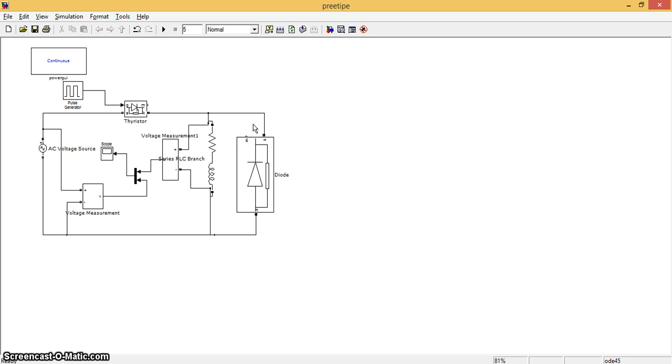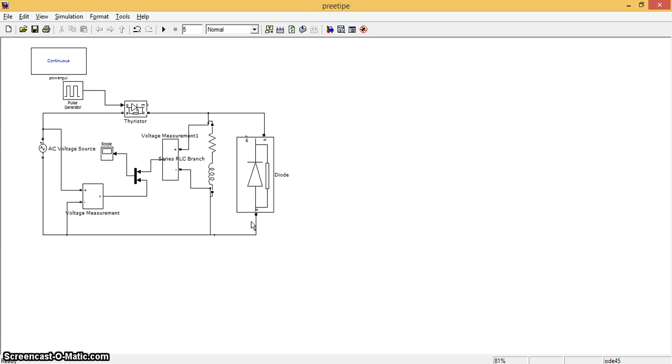Here in this video you can see the topology of this kind of rectifier. We have negative conduction because of L. So we add a freewheeling diode, which prevents negative conduction during the negative half cycle.